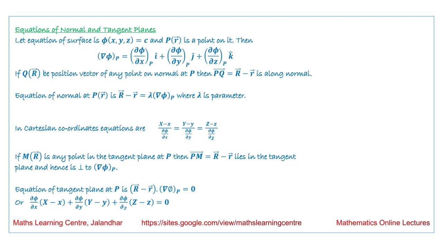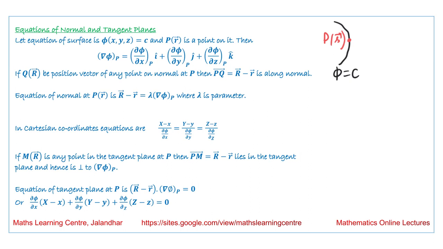Now next we have the equations of the normal and the tangent plane. Suppose again we are considering a level surface, phi is equal to c, and there is a point P on this level surface. This is the point P, its position vector is r vector.